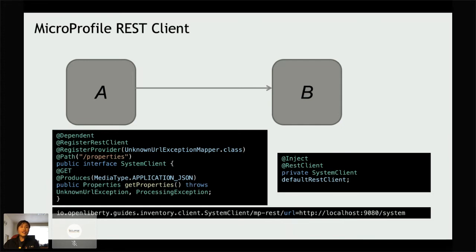In service A, I can directly create this API as a registered REST client, and then inject this REST client into my microservice A's JAX-RS resource, into a defaultRestClient variable, and then the defaultRestClient has this getProperties method for you to call.